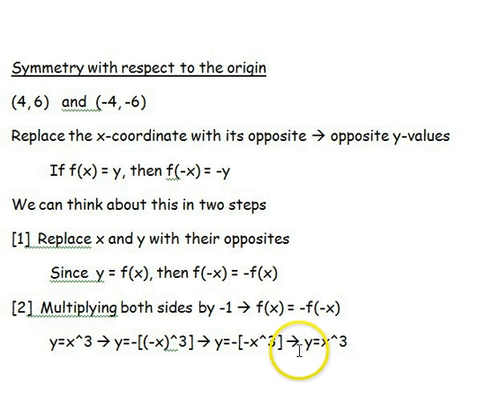This is the y value equal to the original. If that's the case, then it is an odd function, and the graph is symmetric with respect to the origin. Essentially what we're doing is we replace x and y with their opposites, do the algebra, and if you end up with the same as the original function, it is an odd function.